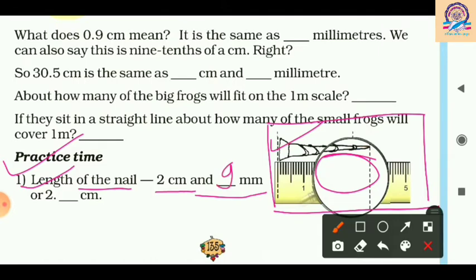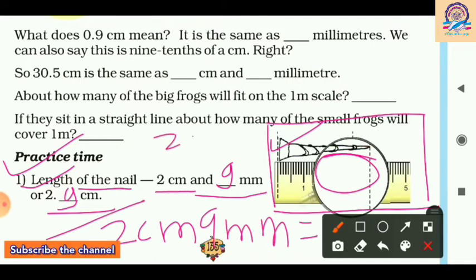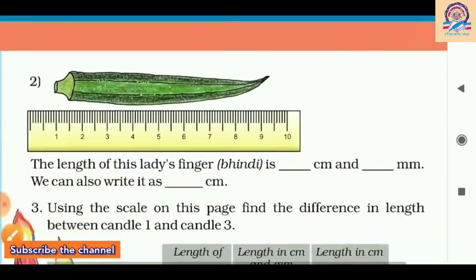So 9 mm in decimal number we can write as 2.9 centimeter. In the previous video we have already practiced this type of question. Now come to the second question.